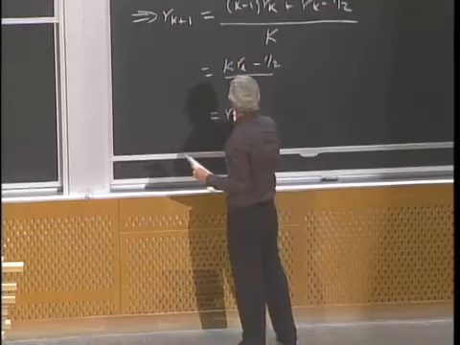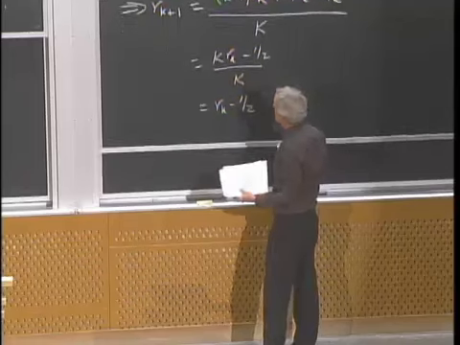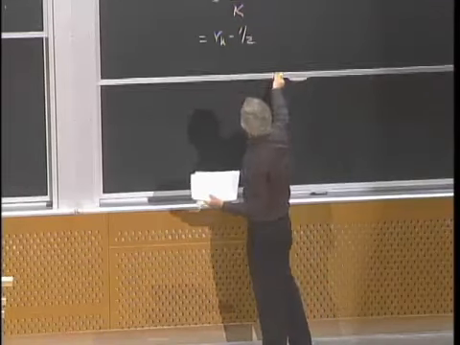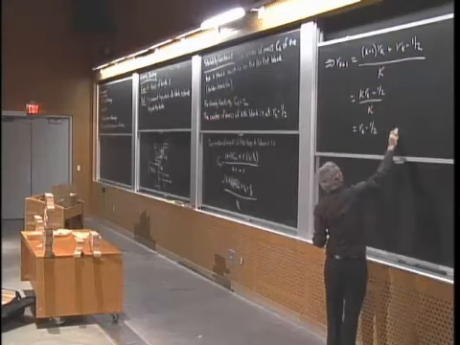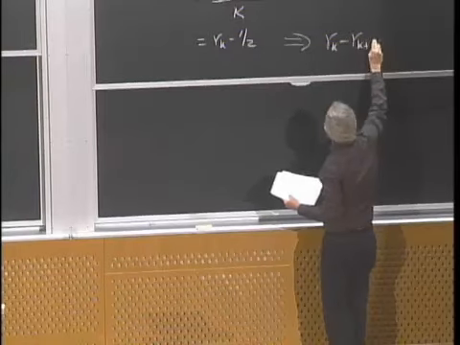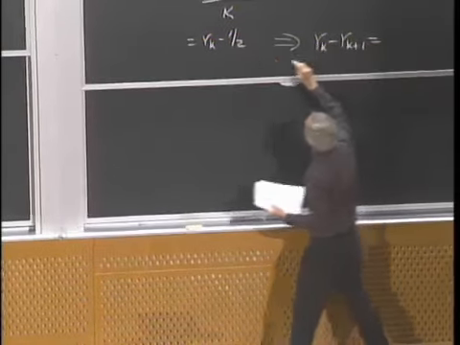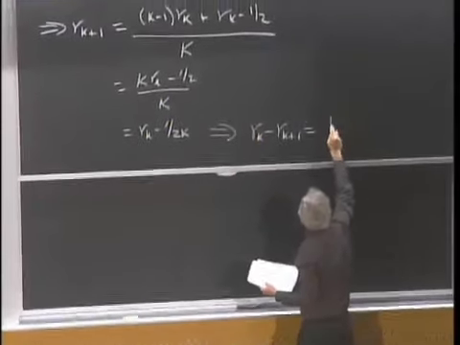This equals rk minus a half. So getting very simple now. And I'm just going to rewrite this to look at the difference between rk and rk plus 1. So rk minus rk plus 1, oops, I made a mistake, that's 1 over 2k. Half over k is 1 over 2k.